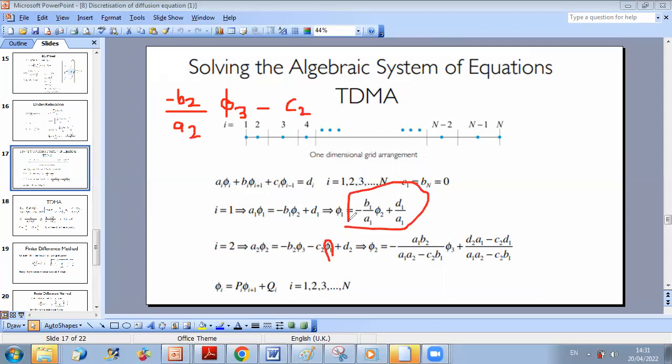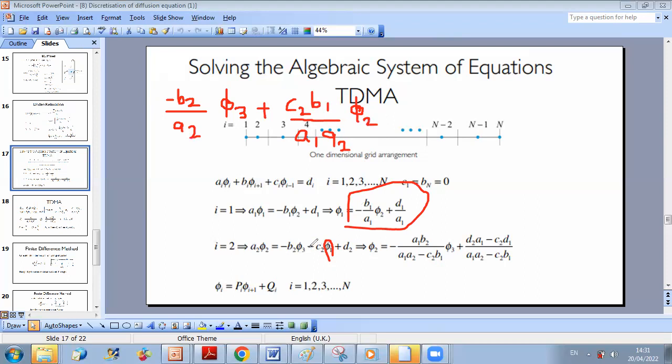So minus C2, but here you have minus, so plus C2 B1 over A1 over A2 times phi 2.